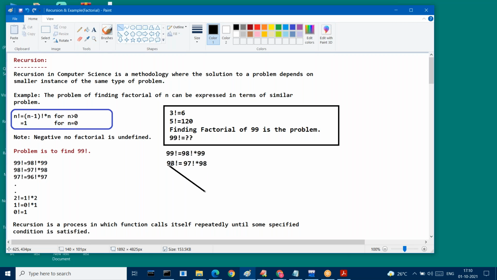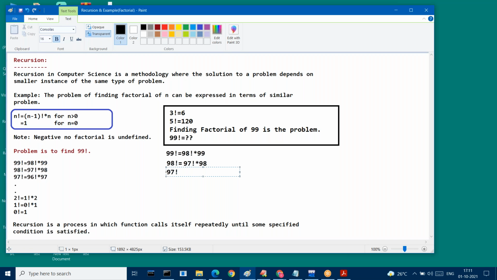You will multiply that result with 99 and you will find the final solution of 99 factorial, which is your original problem. But again, who will provide me, sir? No one is providing you. Then same, this means 96 factorial into 97.